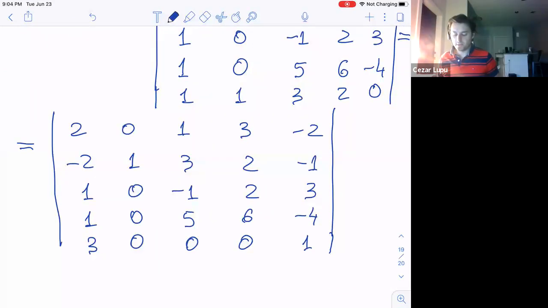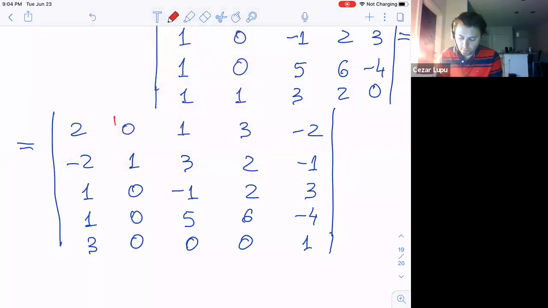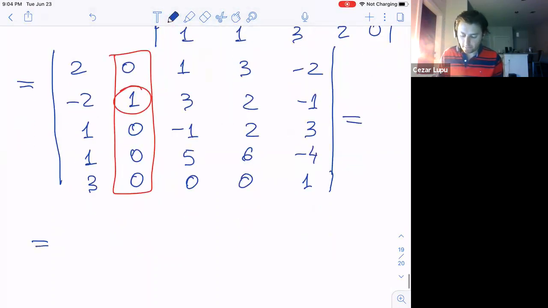And now at this point, you look at it. Look at this column. You only have one non-zero here. So we can easily compute the determinant of this. So this will be equal to, what? All of them are 0. So you'll have 1 times -1, what power? That's what the position is at.